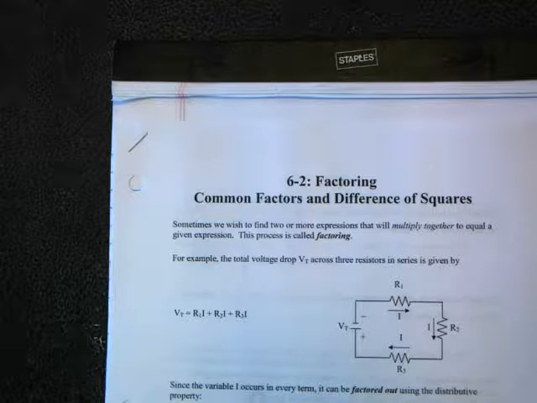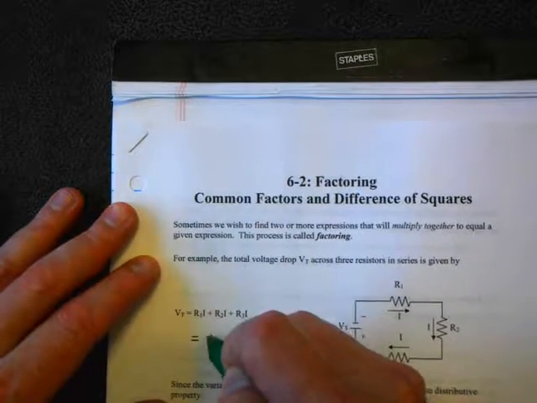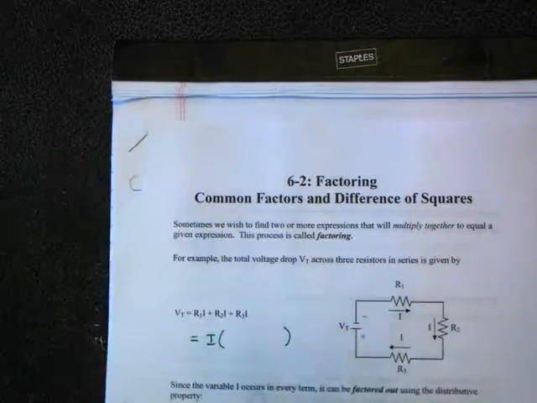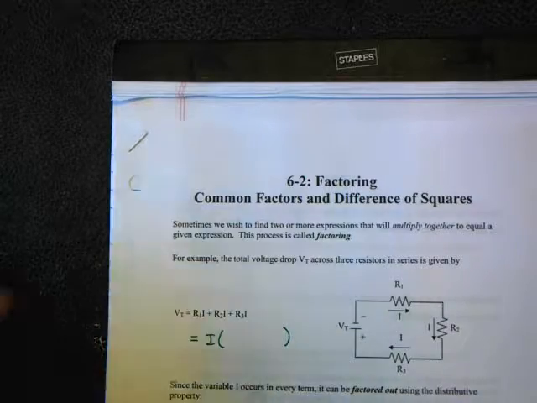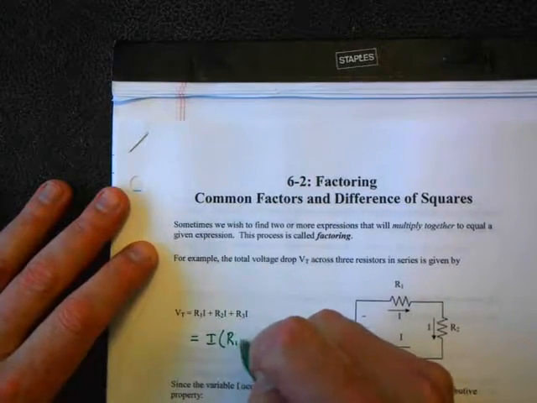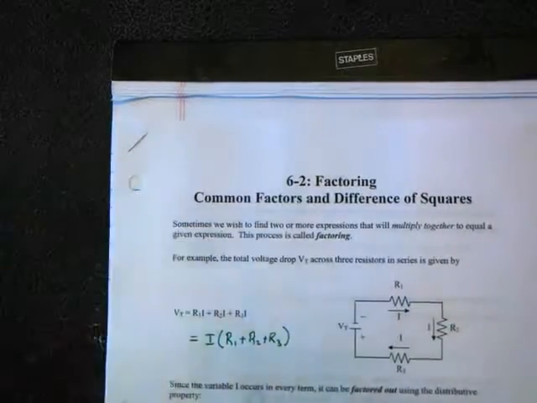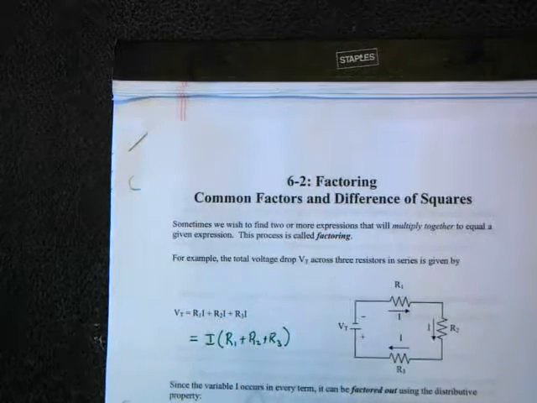What's the one variable that's common to all three pieces? I. So we can factor it out, which means we put the I out front and we put a set of parentheses. And then again, thinking of doing the distributive property, what would have to go inside the parentheses? R1 plus R2 plus R3. Because now if I take that I and distribute it across, I get exactly what I started with.